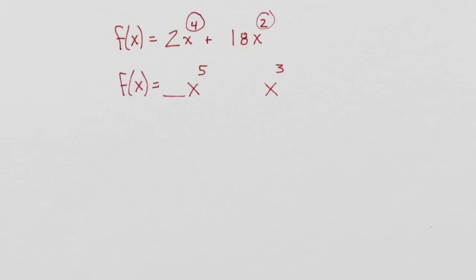And now I deal with these coefficients, and let's start with this guy because this is a little bit easier. What I need to ask myself here is, and you'll start doing these in your brain, I'm just showing you the thought process involved here: 3 times some constant coefficient will equal 18. This is me unpacking the power rule. I'm going backwards. So I'm saying 3 times what is 18, and obviously that thing is 6.